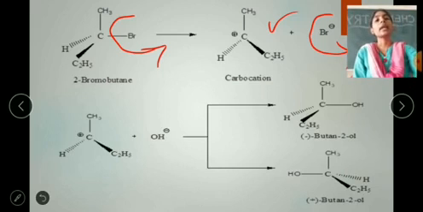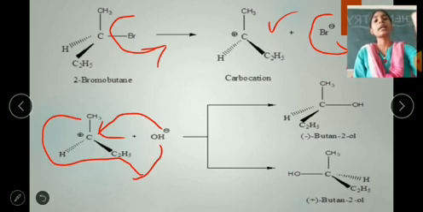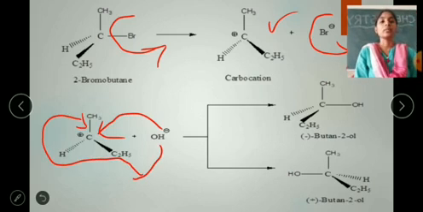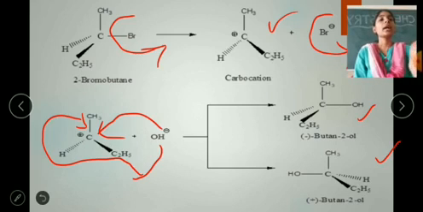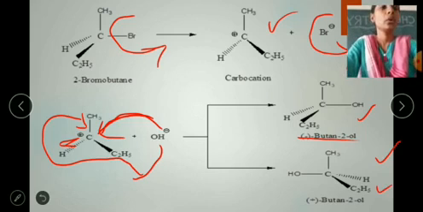Either the nucleophile can attack from this side, or it can attack from the other side. So there will be a formation of minus butanol and plus butanol. From one side it forms minus butanol, and from the other side it forms plus butanol.